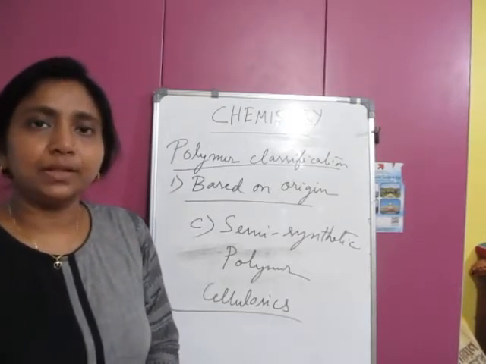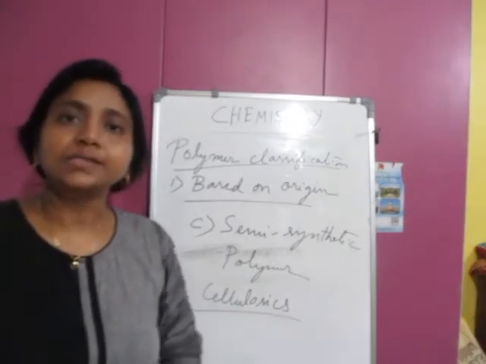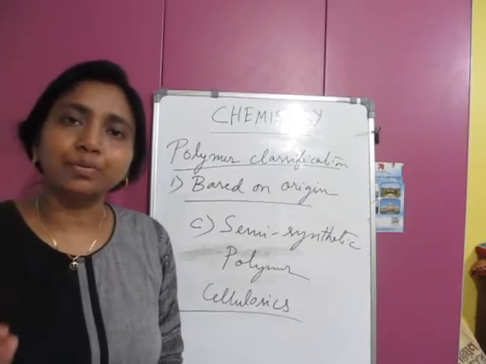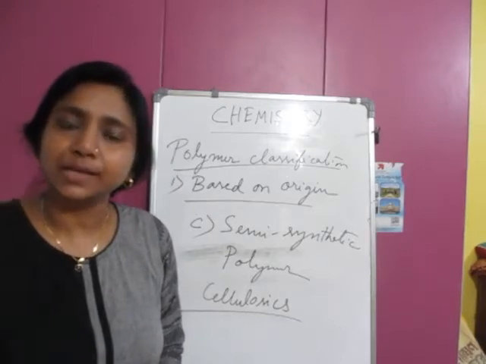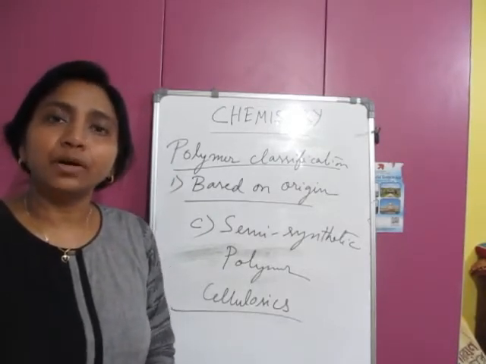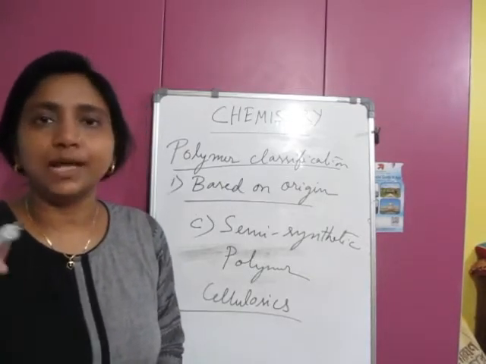For example, which of the following is a semi-synthetic polymer? Option 1 polyethylene, option 2 PVC, option 3 bakelite, option 4 cellulosics. The answer will be cellulosics.